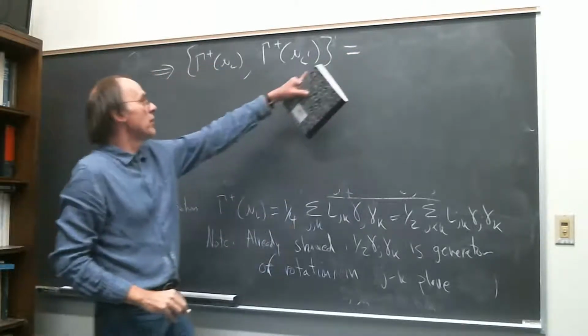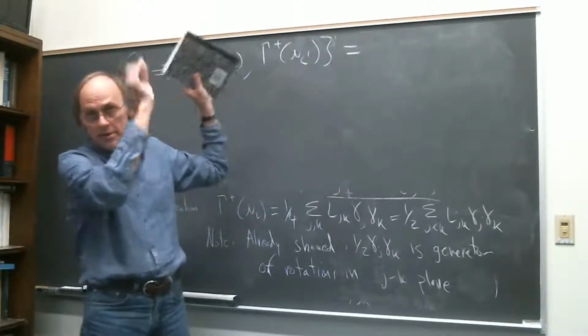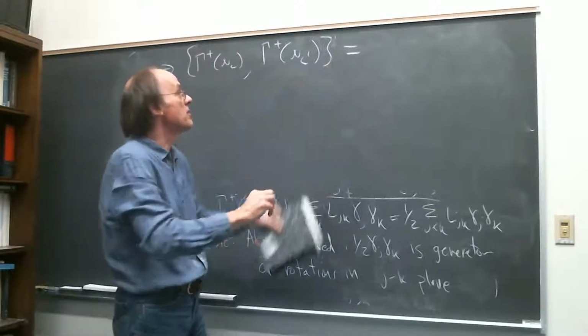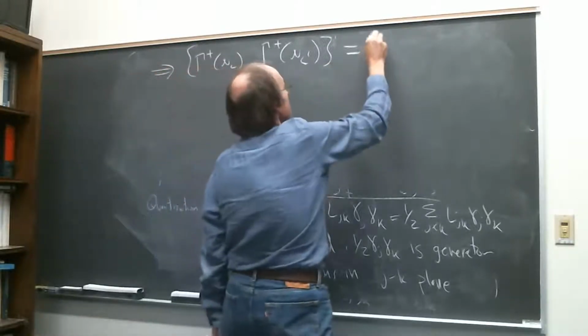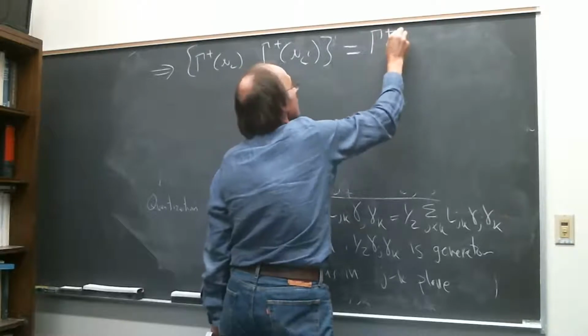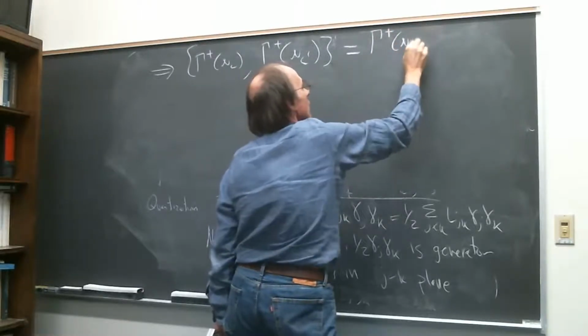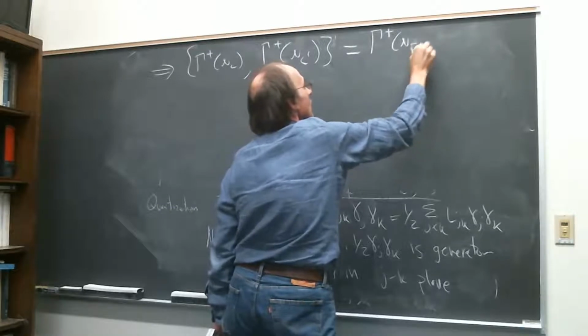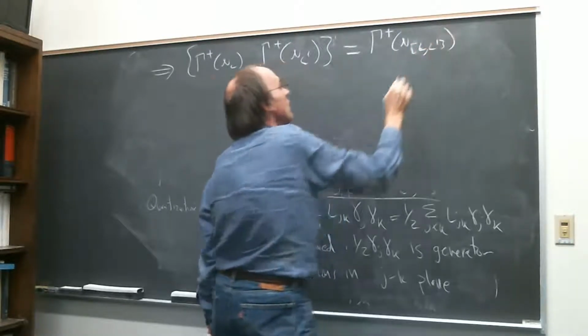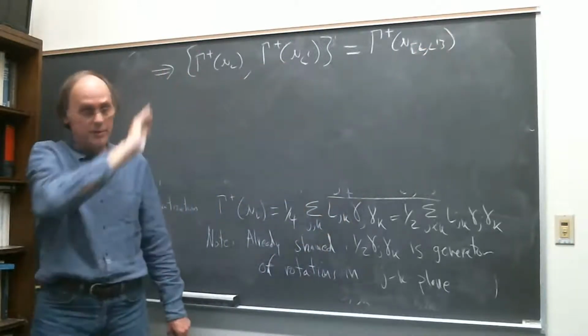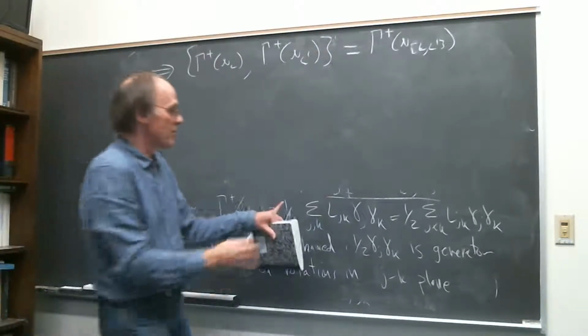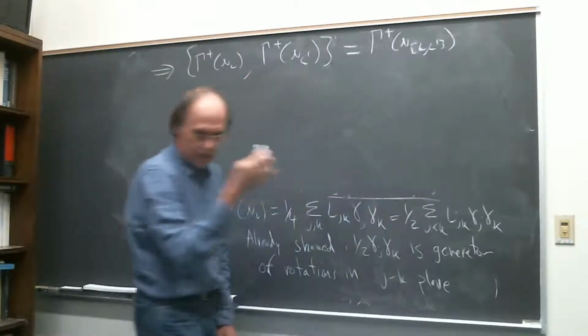Okay, and here we don't need the plus or minus because these are even things, so it's just the normal commutator. So this is a Lie algebra homomorphism, but you know kind of a lot more about it.